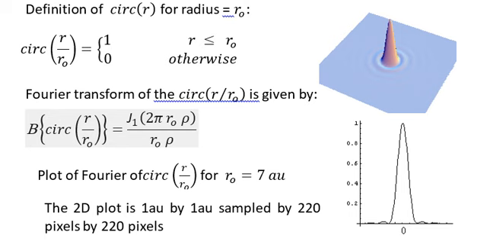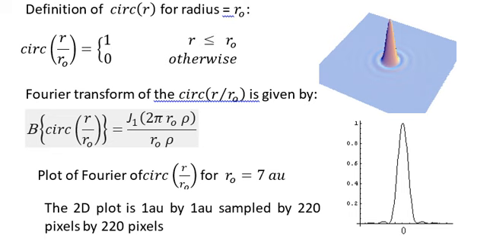So you see that we are generalizing from the previous Fourier transform, which is equal to J1 of 2 pi r naught rho. Before, r naught was equal to 1, but now r naught is present. So we have 2 pi r naught rho divided by r naught rho. Now if we plot this function, which is in principle a jinc function, that is J1 of 2 pi r naught rho over r naught rho, it is actually a jinc function.